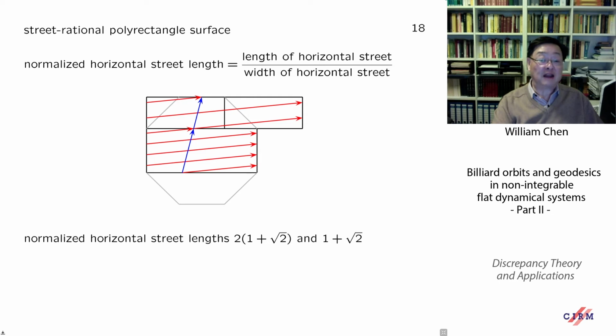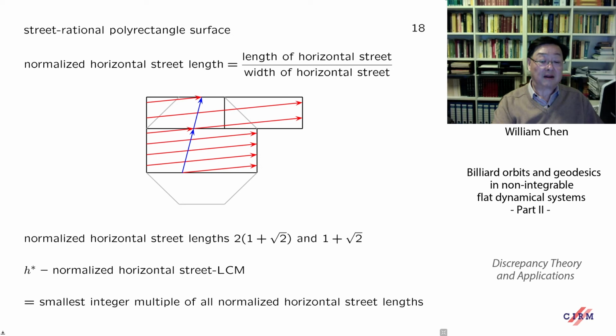That's the bigger rectangle at the bottom. We can consider a quantity called the normalized horizontal street LCM, least common multiple. This is the smallest integer multiple of all the normalized horizontal street lengths. And in this example, H star is 2 times 1 plus root 2.